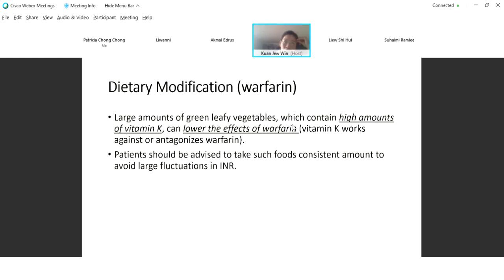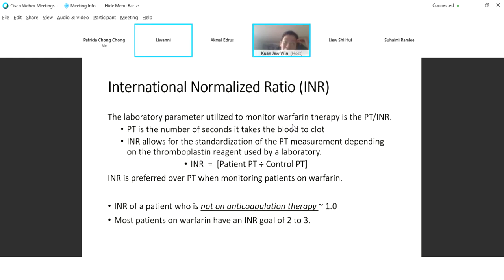Except the ones with a mechanical prosthetic heart valve, so it will be 2.5 to 3.5, or even a bit higher, 3 to 4. But generally, it is very difficult to remember. You just remember generally it is 2 to 3. Then if there is a mechanical heart valve, it is 2.5 to 3.5.